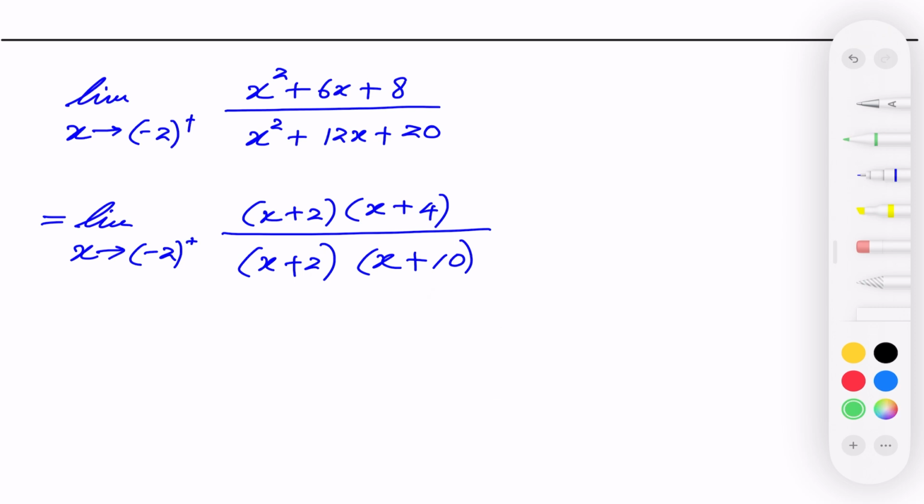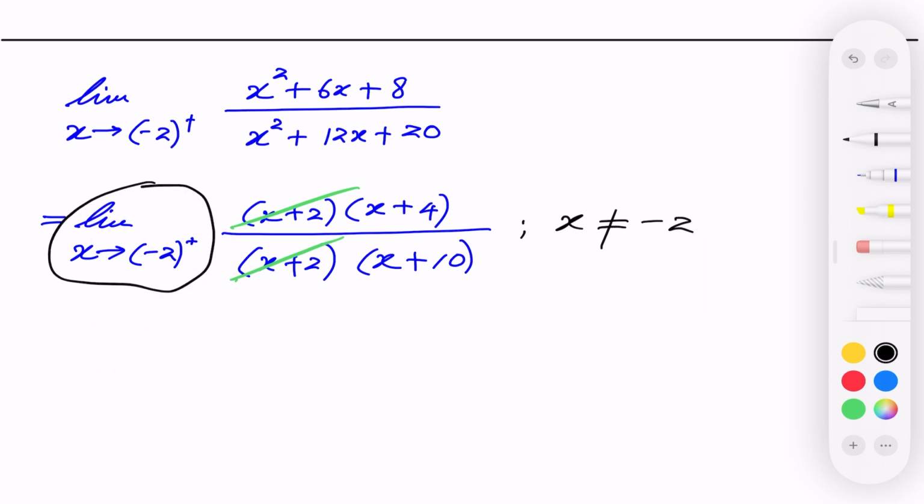We can see that x plus 2 is a common factor on the numerator and on the denominator. We can divide them out, and it is not a 0 divided by 0 operation, because we know that x is not equal to negative 2 because we are evaluating a limit. In fact, for this specific case, x is slightly more than negative 2.